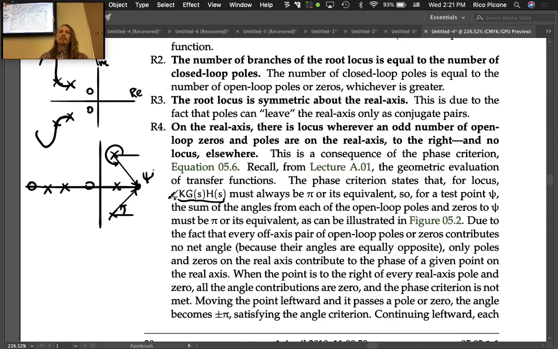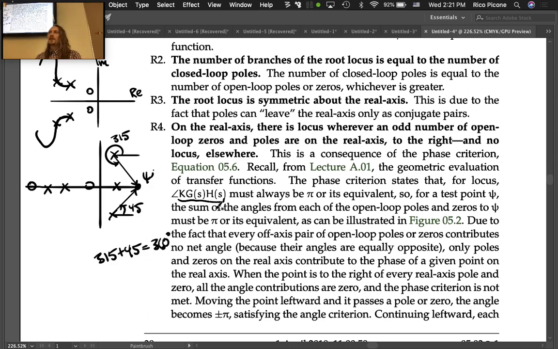So for any pair that's off the axis, if this is, say, 45 degrees, this is going to be negative 45 degrees, right? It's always symmetric. So if it was 45 degrees, then it's going to be 315 degrees. And when you add 315 and 45 together, you get 360 degrees.